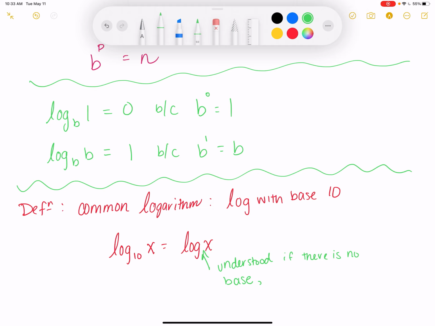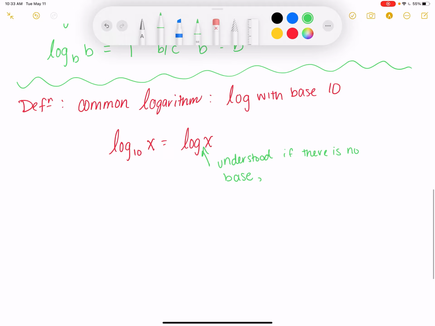Why are we subscripting these things, like 10? It's the base. And if you don't have the right base, your problem will be wrong completely. So it's understood if there is no base, it is base 10. Oh, so it's a replacement.